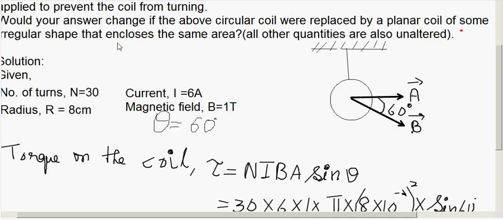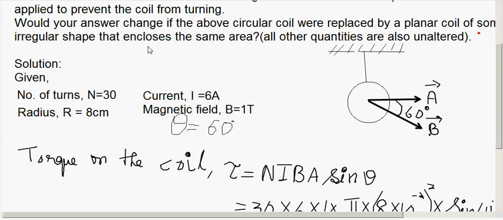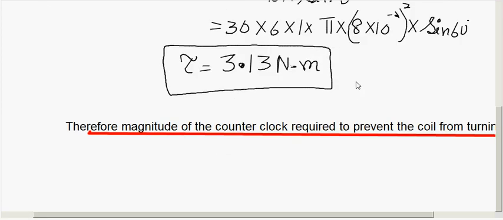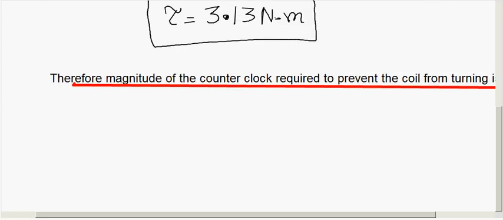So this is important here, that it encloses the same area. If all other quantities are unaltered, then your torque is not going to change. Therefore the answer won't change.